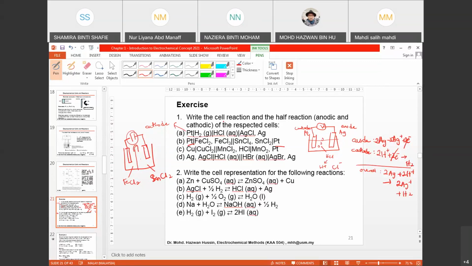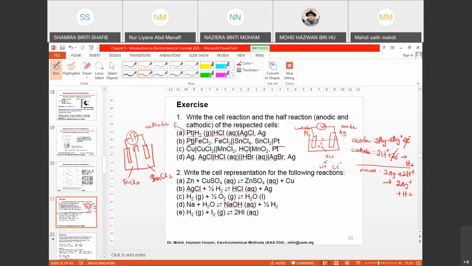If I ask you which one will become anode and which one will become cathode here, how can we determine that for this kind of reaction, anode or cathode? Can someone try? Zinc will be anode and Cl2 will be cathode.